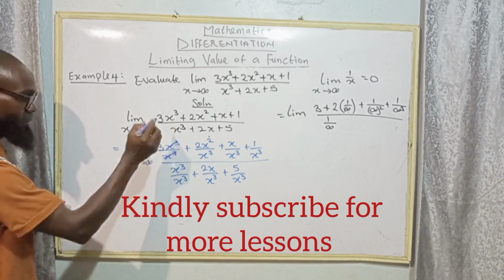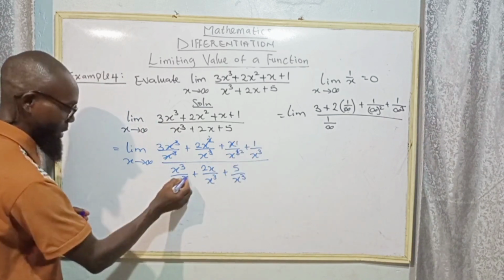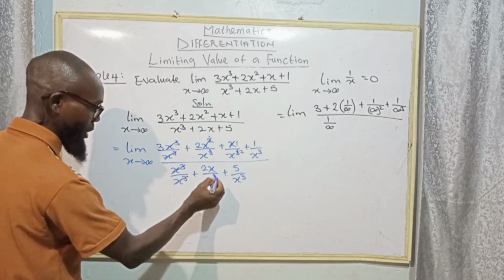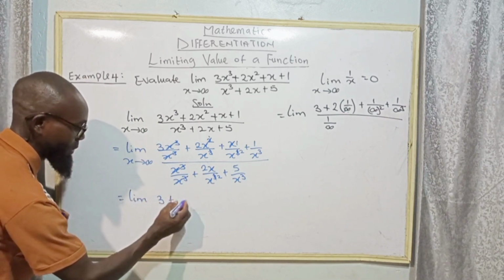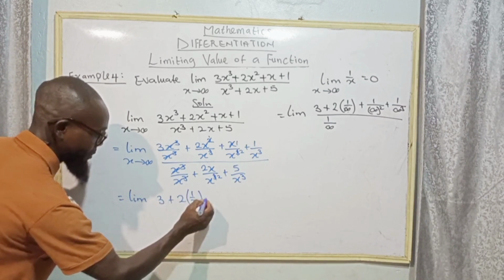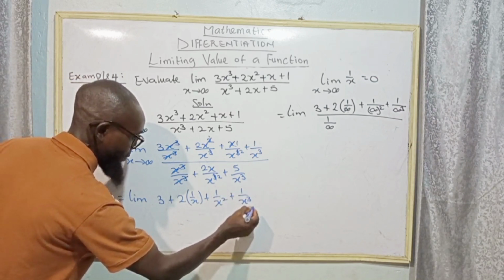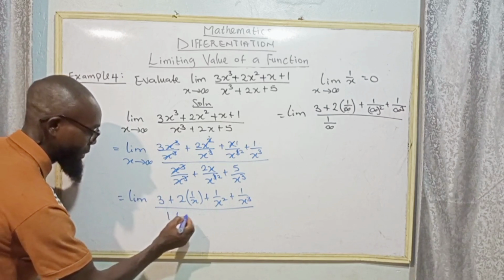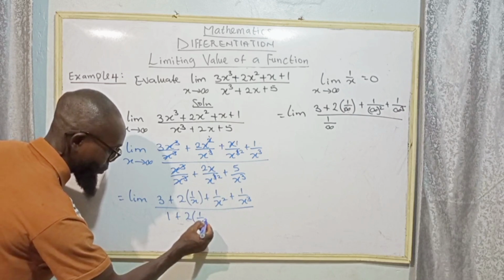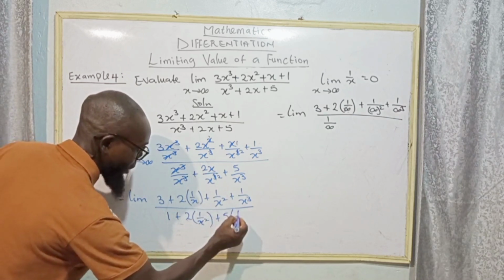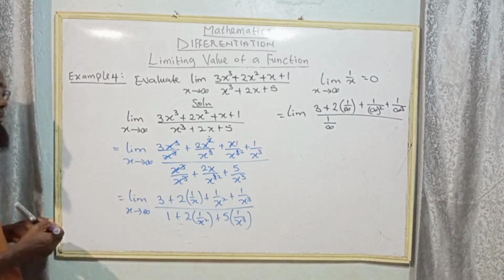Simplifying, we have the limit of 3 plus 2 in bracket 1 over x plus 1 over x squared plus 1 over x cubed, divided by 1 plus 2 in bracket 1 over x squared plus 5 in bracket 1 over x cubed, as x approaches infinity.